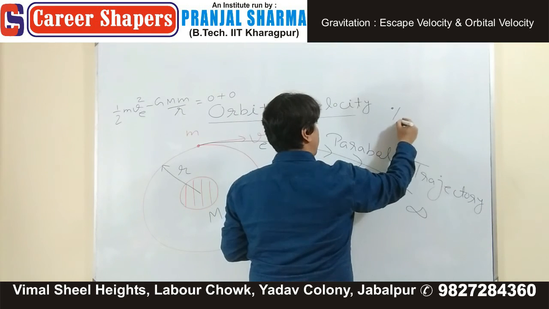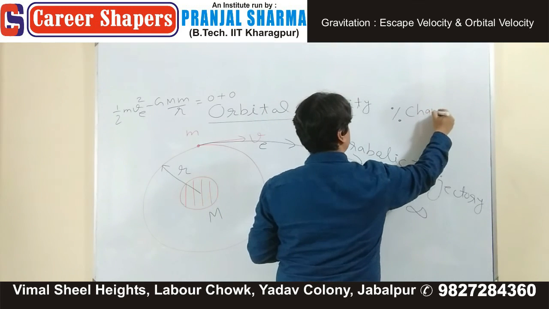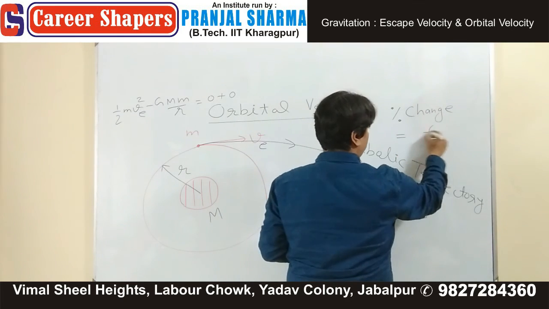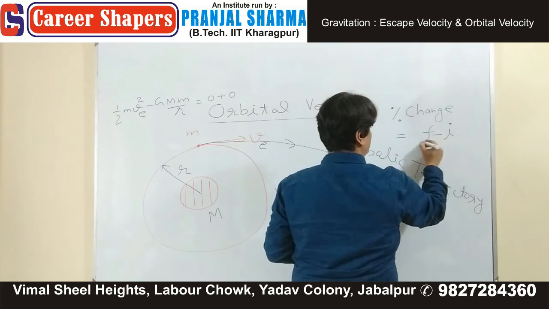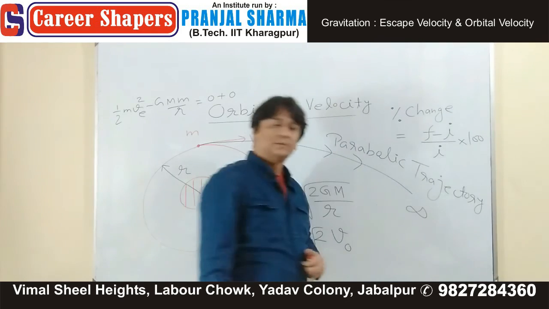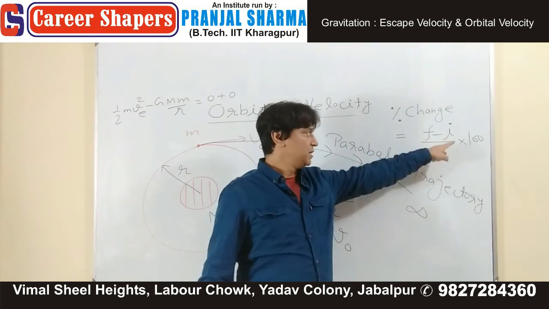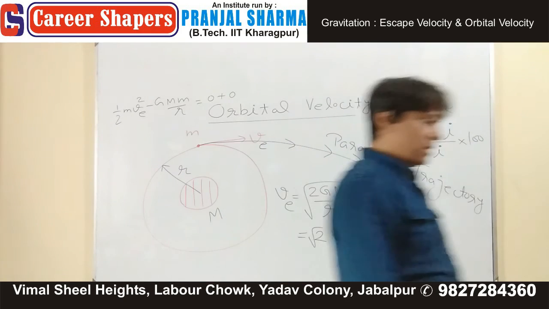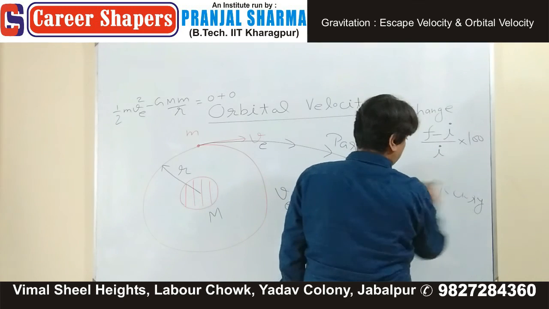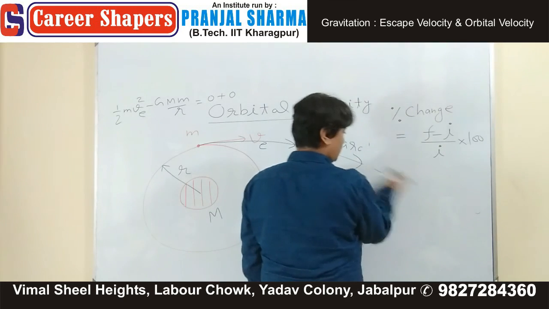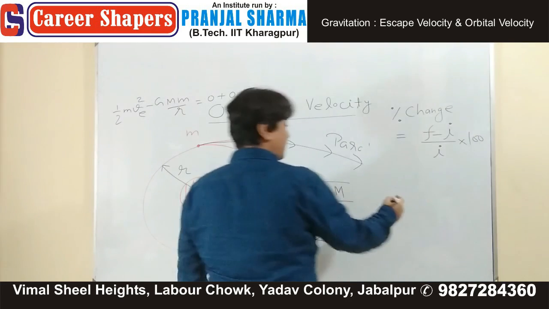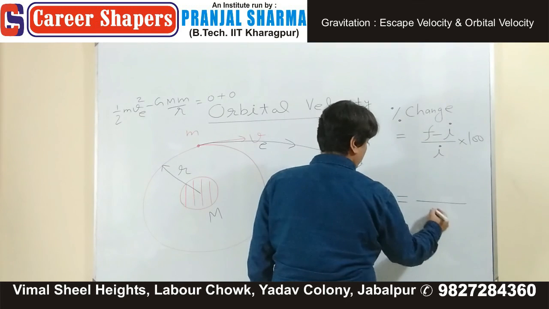Now, formula for any type of percentage change is final minus initial divided by initial into 100. That's how you find percentage change. Before increasing the speed, satellite was moving with VO.